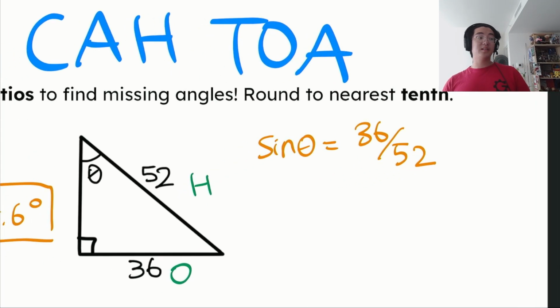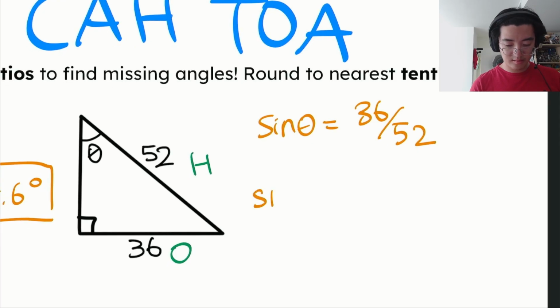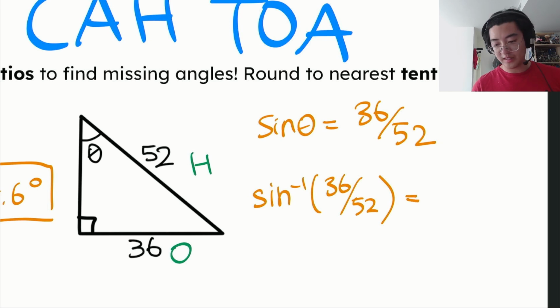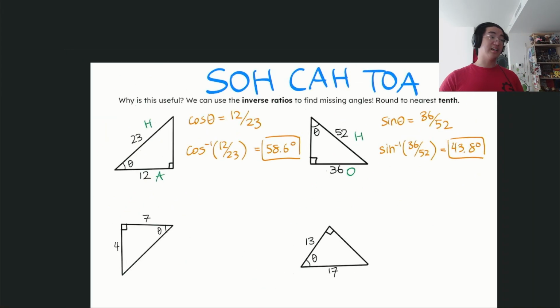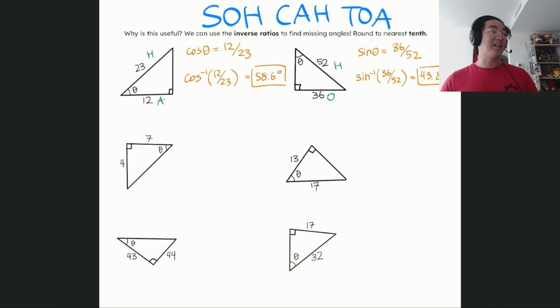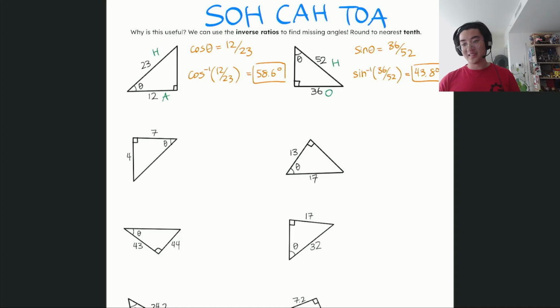And once again, if we want to find the angle, we do the inverse of it. Using a calculator, you should get this. If you do not get this, and you get a decimal or something, that means you're in radians mode, not degree mode. So make sure your calculator is in degree mode.